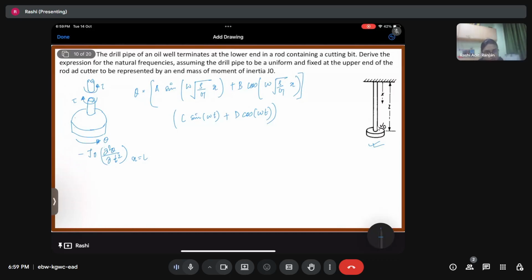Again, we know that at the fixed end, what is going to happen? At the fixed end, theta is going to be 0. So at the fixed end, we are going to have del theta by del x going to be equal to what? 0 at x is equal to 0, right? Which is going to give us B is equal to 0 because it is present with the cos expression.